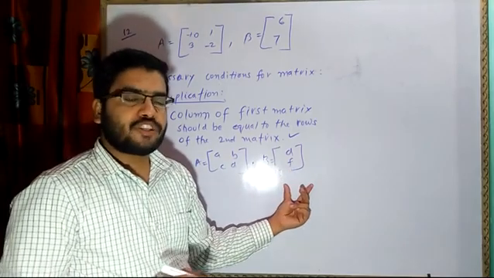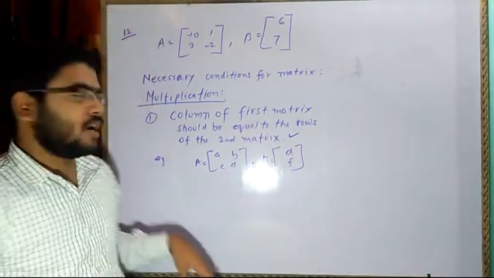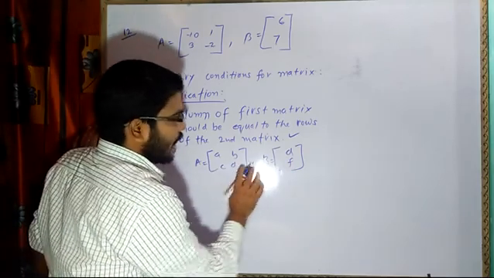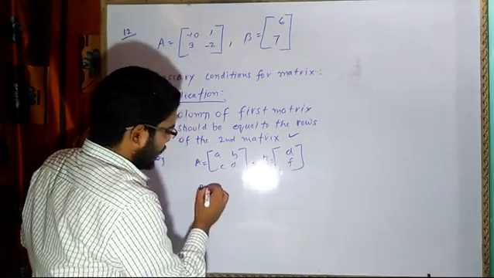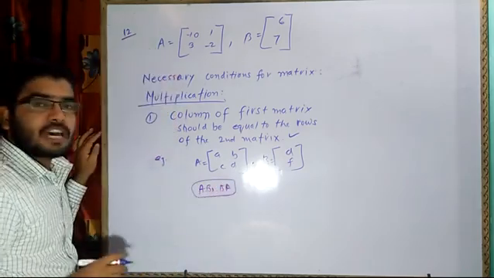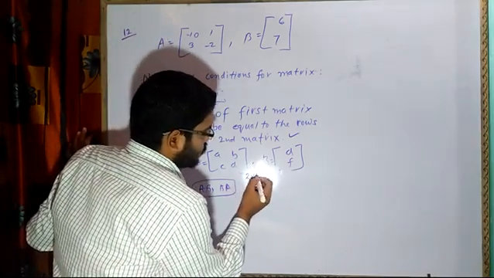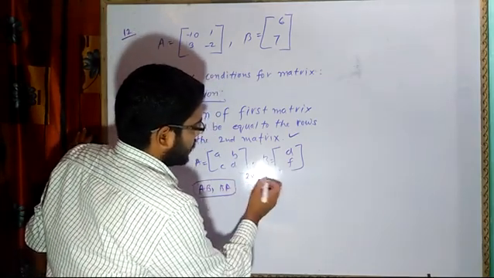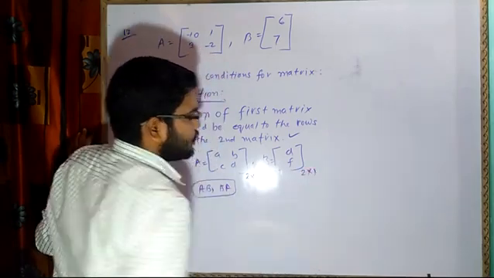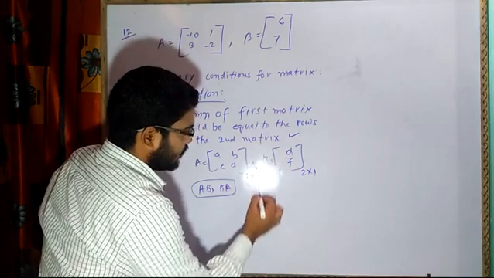Subtraction is also not possible because here the order is not the same. I hope all of you know that. Now, second thing, if you have to find AB or BA, how to check whether these are possible or not? What is the order here? Order is 2 cross 2. What is the order here? 2 cross 1.